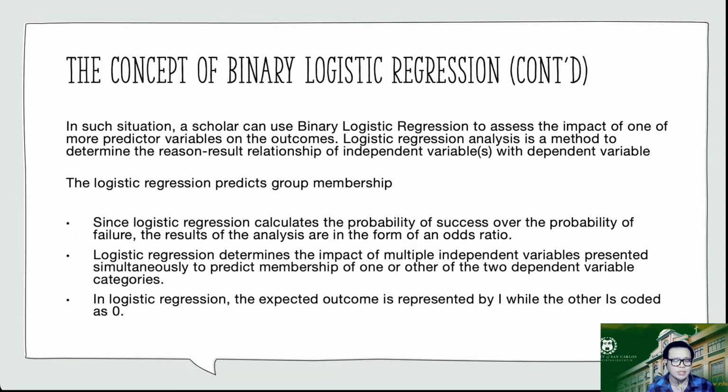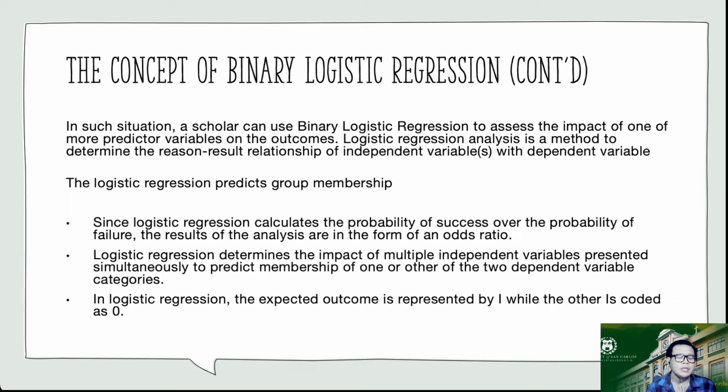And to cite regression predicting group membership, since logistic regression calculates the probability of success over the probability of failure, the result of the analysis is in the form of an odds ratio. Later on, I will be showing you how to identify that in SPSS because it boils down to identifying an odds ratio at the end of my discussion.